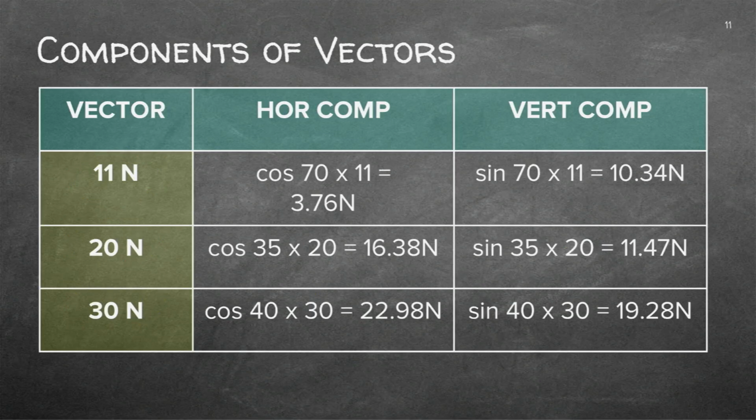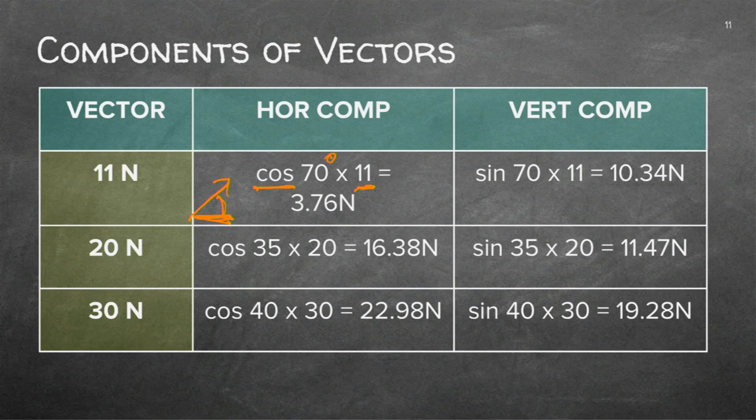So let's do a little bit of a trick. I had a 70-degree angle and a hypotenuse of 11. So the horizontal would then be, can you remember? That would be my horizontal of my 11. That will be the adjacent side. Therefore, I'm using cos, and I got an answer of 3.76.